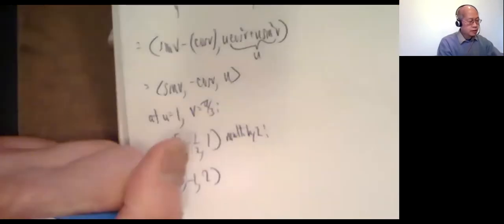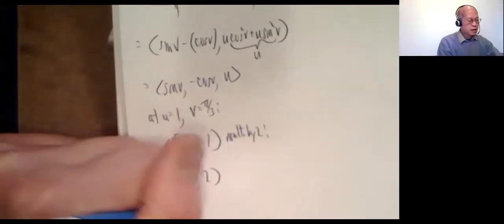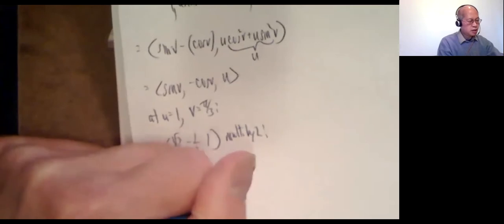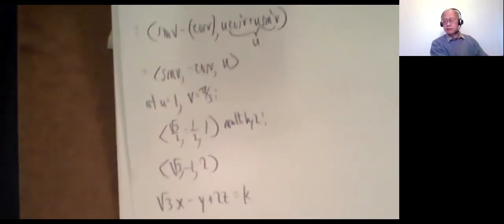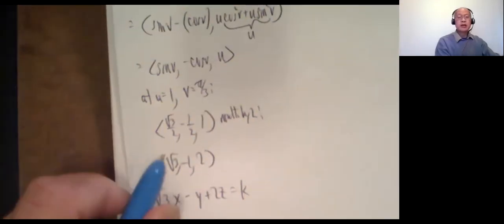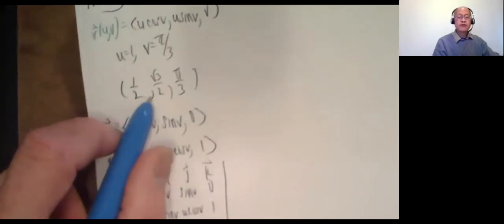So I have radical 3x minus y plus 2z equals k. To find k, I plug in the point, which was 1/2, radical 3 over 2, pi over 3.